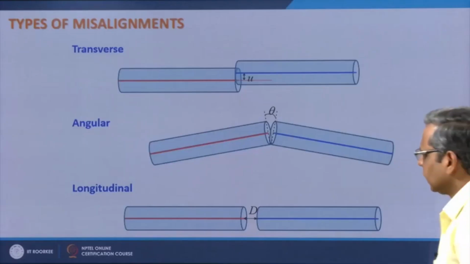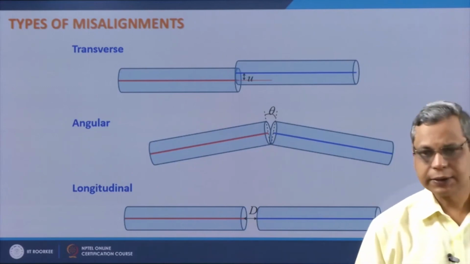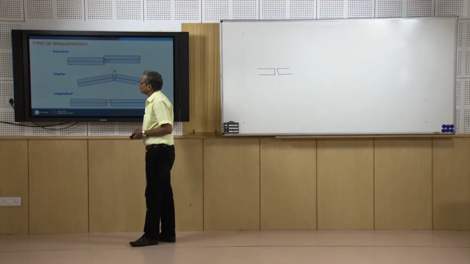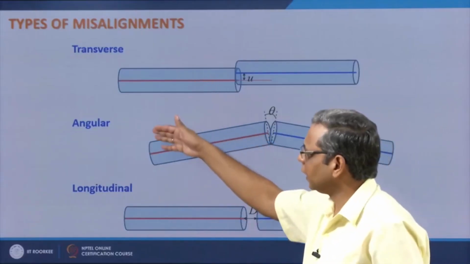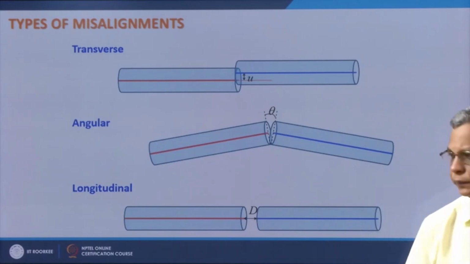Third, if there is a small gap between the two fibers, then there would be a loss. So, I have transverse, angular and longitudinal misalignment losses.